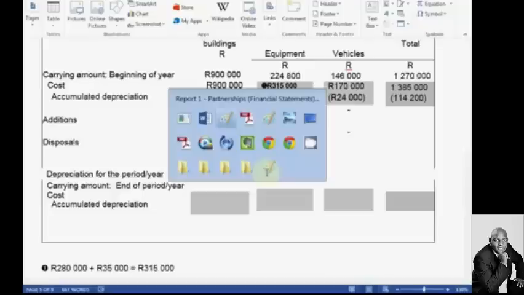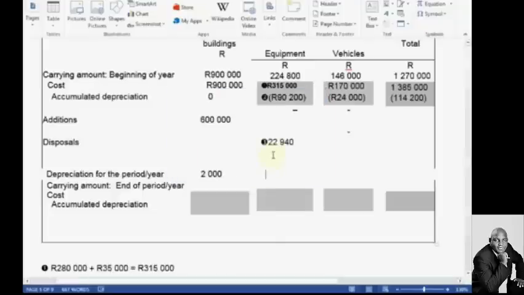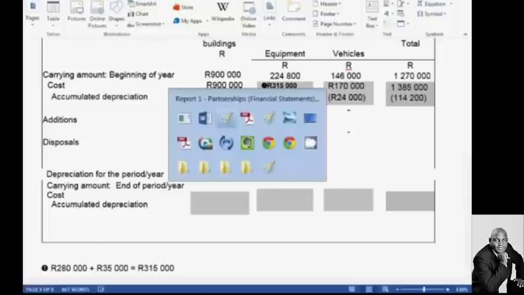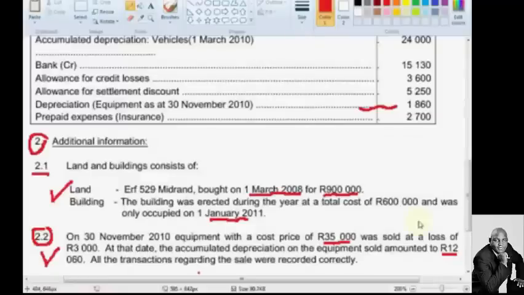2,000. So let's go to equipment now. As far as we know, we sold equipment, so it's going to become interesting. But as far as we know, that's what we did. So we need to account for that when we calculate the depreciation.